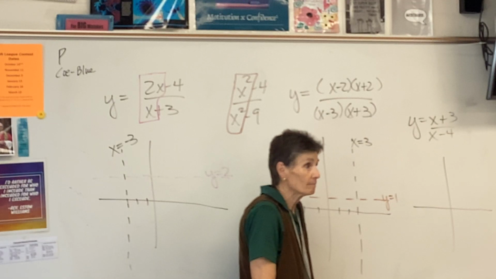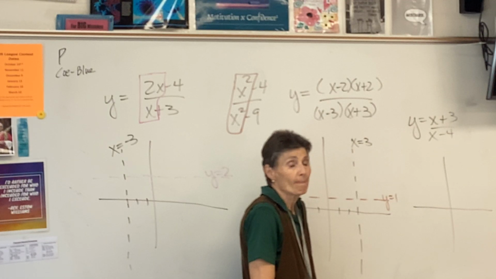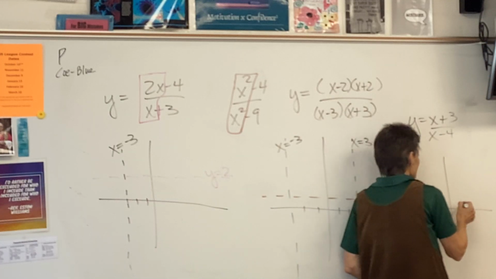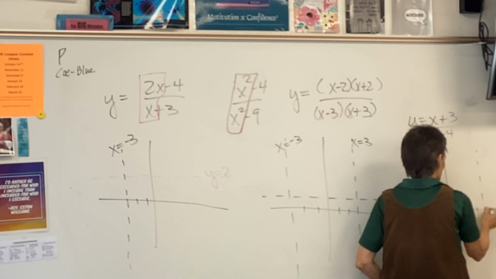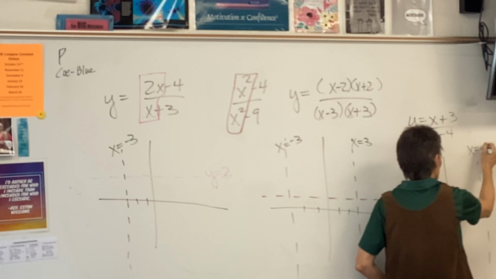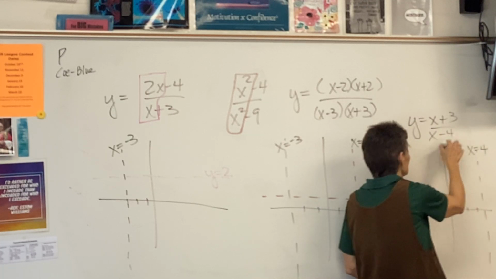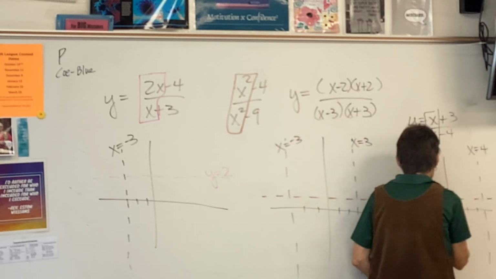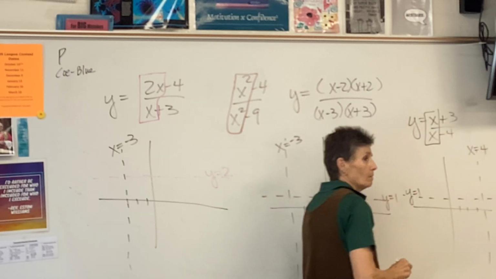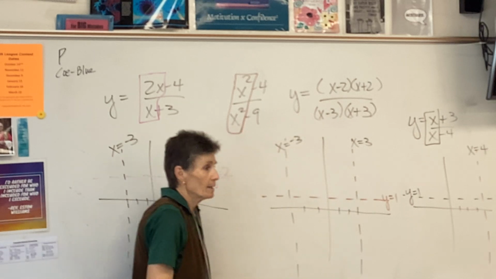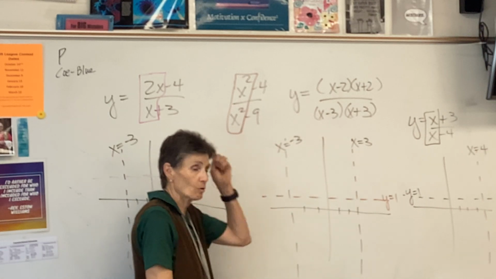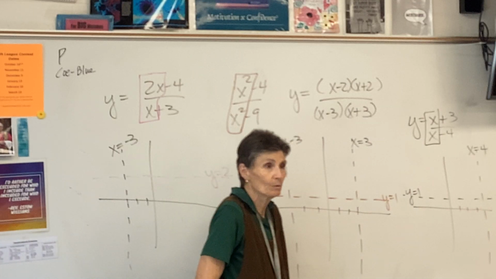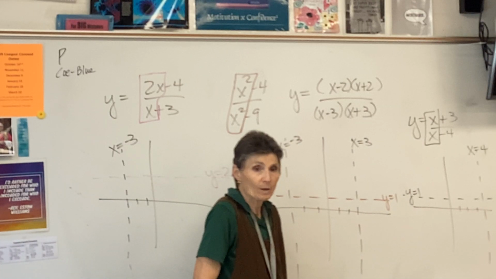What did you find? I got x equals 4 and y equals 1. So a vertical asymptote at x equals 4 from the denominator, and a horizontal asymptote of y equals 1. What about a hole? There's no hole, because they're called removable discontinuities, and the only way you can get one is to cancel, right?